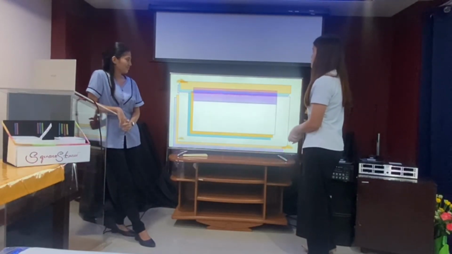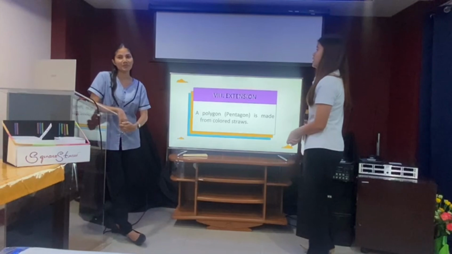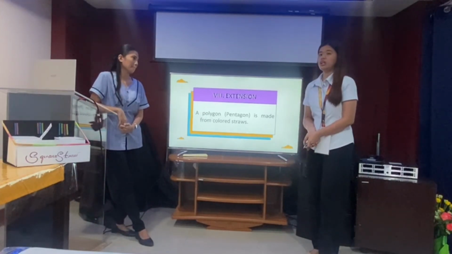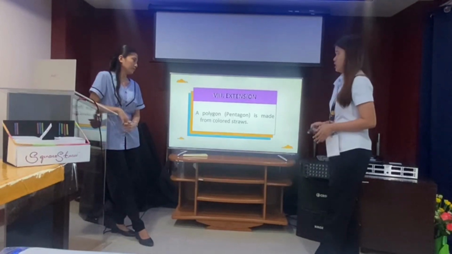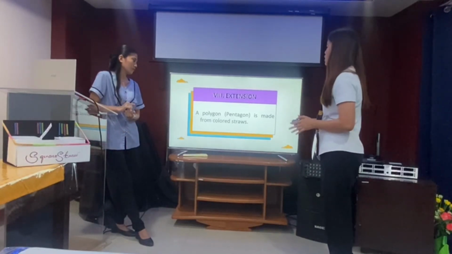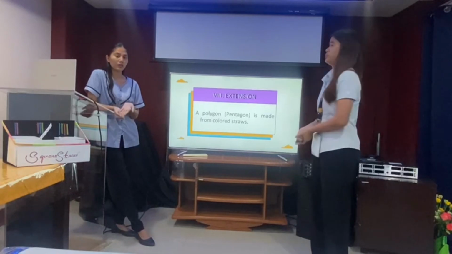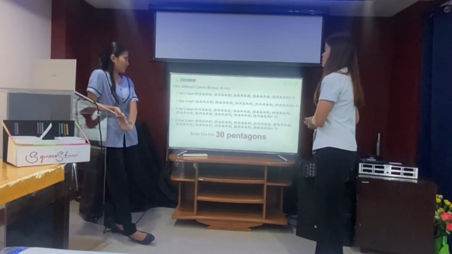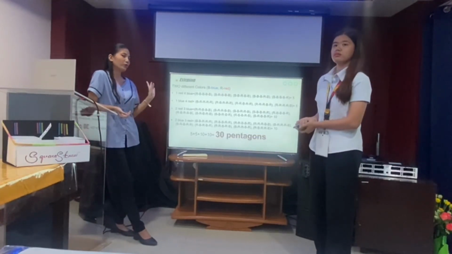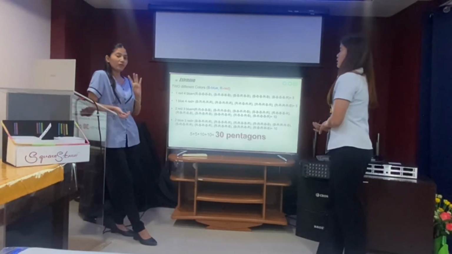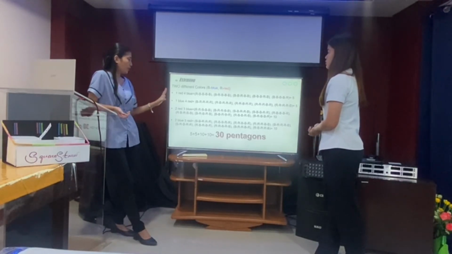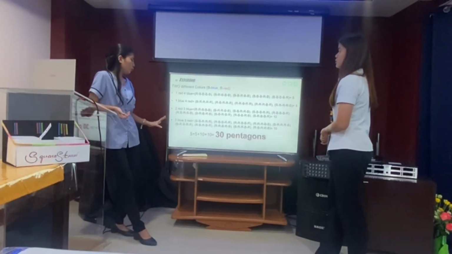For our extension, since we were asked earlier what if 5 different colors of straws are available: a pentagon is made from colored straws. If two different colors, blue and red, we will have these combinations: 1 red, 4 blue; 1 blue, 4 red; 2 red, 3 blue; and 2 blue, 3 red.